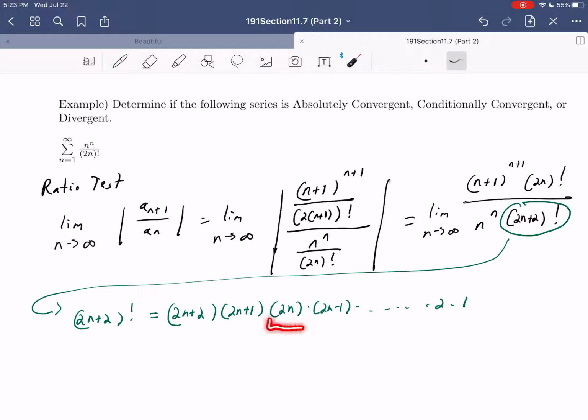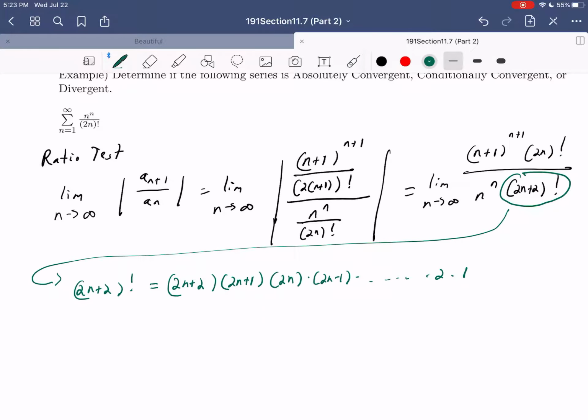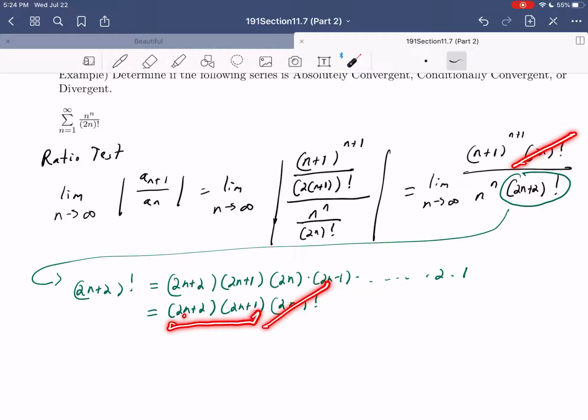Well, all of this stuff is what makes up 2n factorial. So this is really (2n+2)(2n+1) times 2n factorial. So if I cancel that 2n factorial with that, I will be left with both 2n+2 and 2n+1. That should make sense because what does 2n factorial do? It goes through its factorials twice as fast. So when we cancel, we're not left over with just one term. We're left over with two terms.